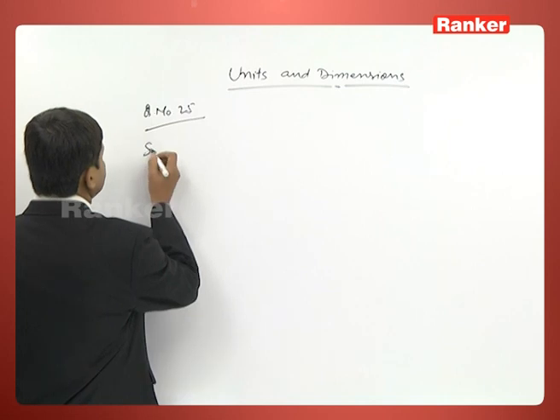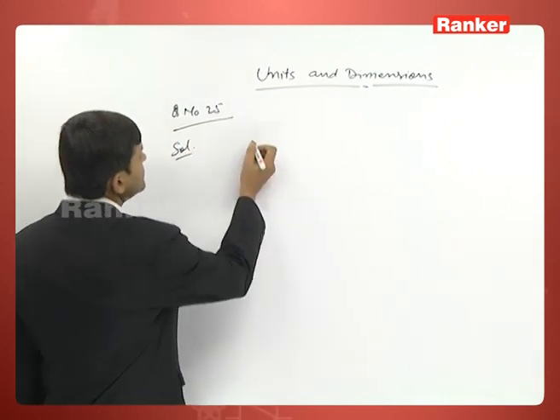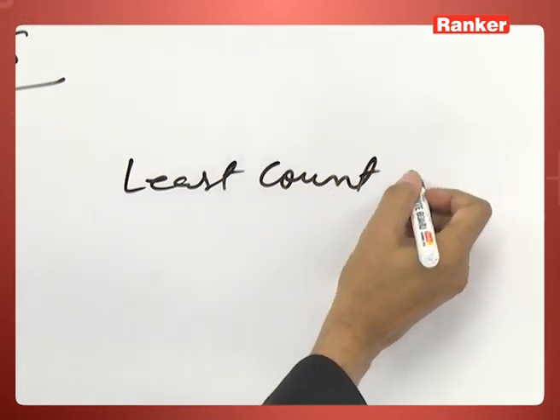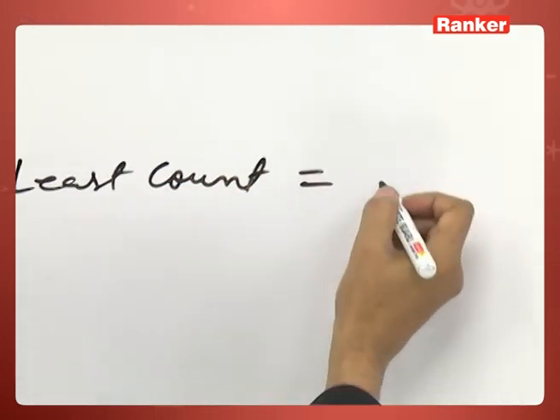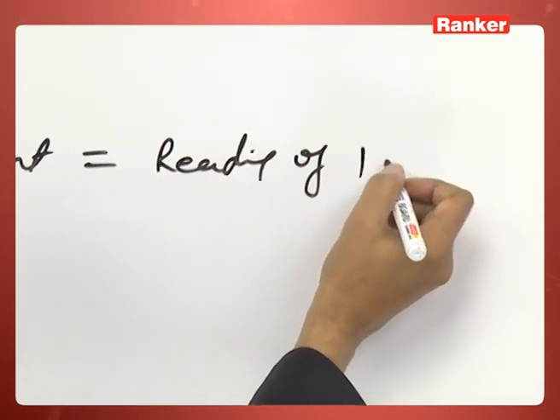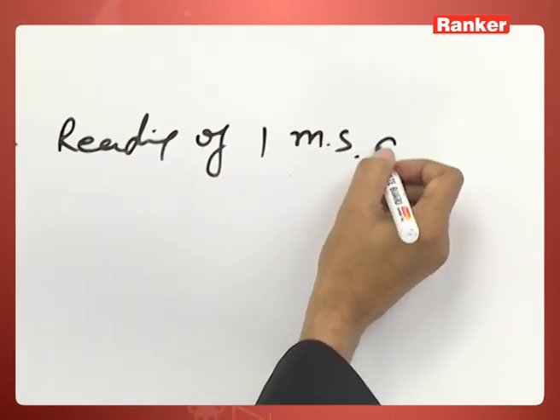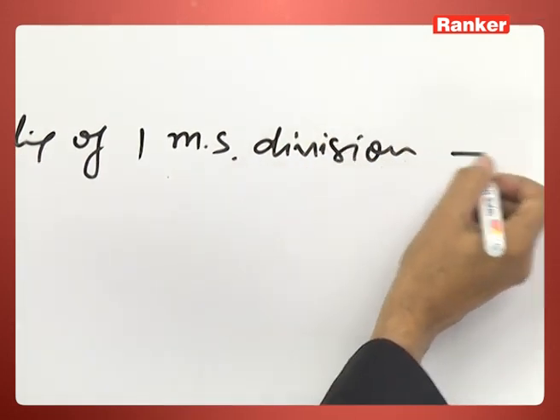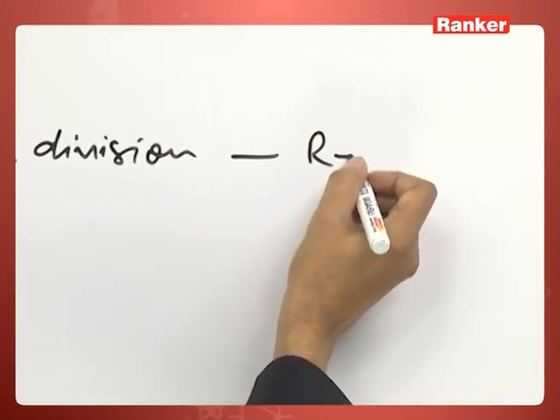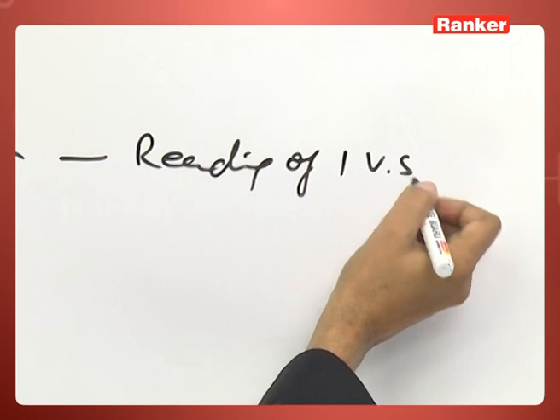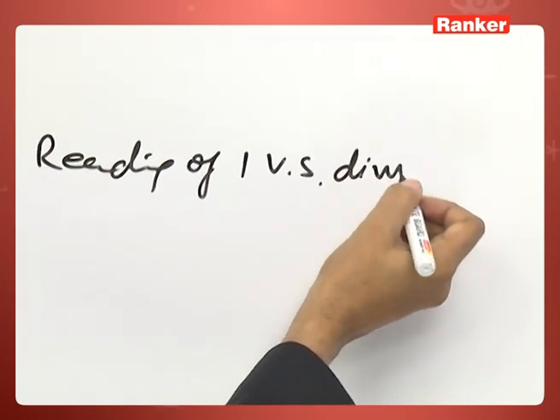See, as we know, least count is equal to reading of one main scale division minus reading of one vernier scale division.